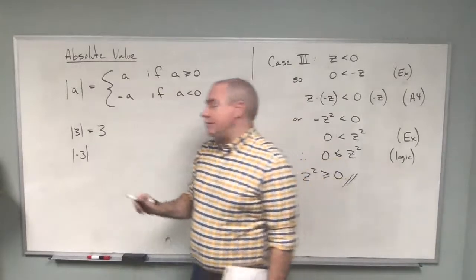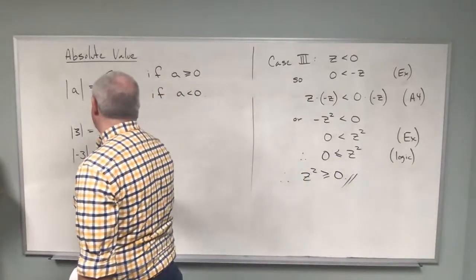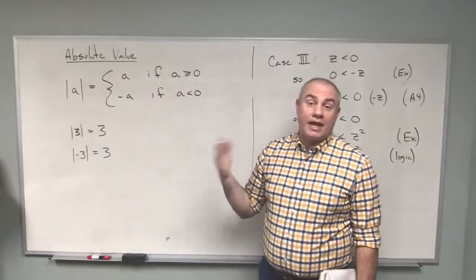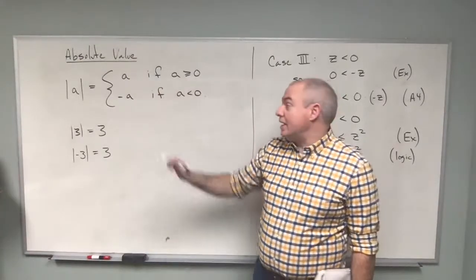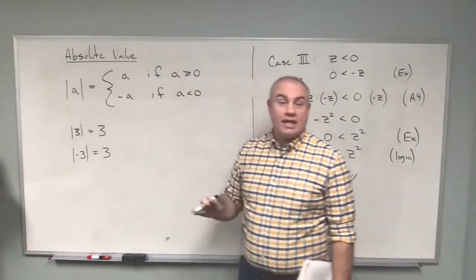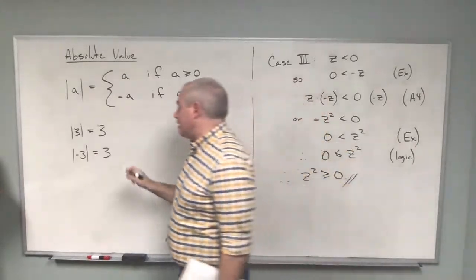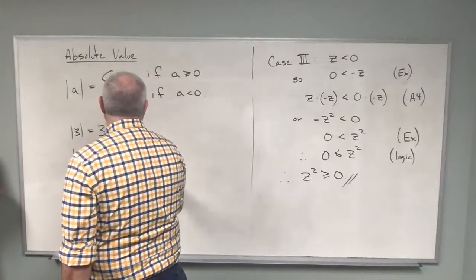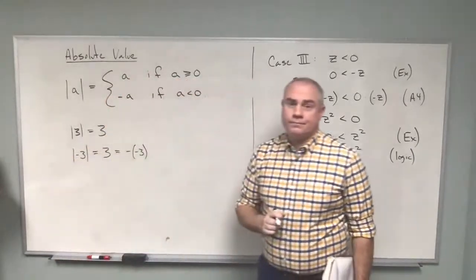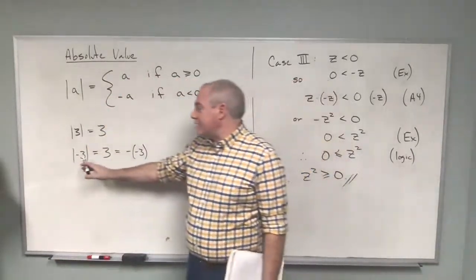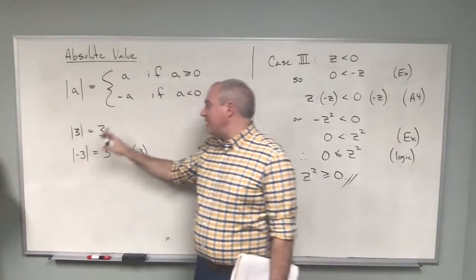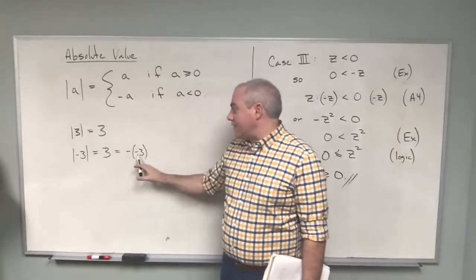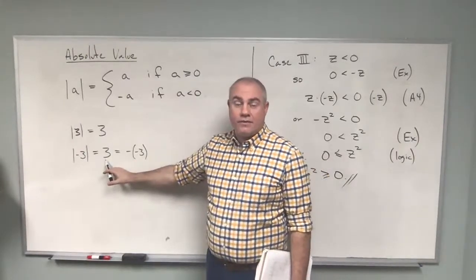The absolute value of negative 3 is, everybody knows, 3. And you say, well, look, that's not negative. And I said, well, I never said that negative A was a negative number. Because really what 3 is, it's minus minus 3. So what I'm doing is I'm taking the number inside, and if it's negative, I negate it. And negating the negative number makes it positive.